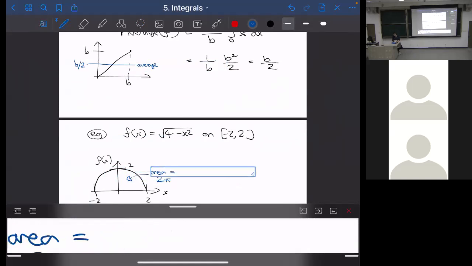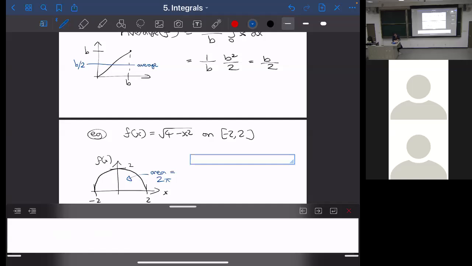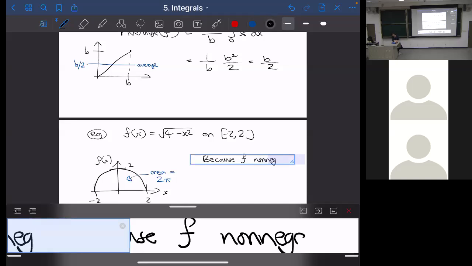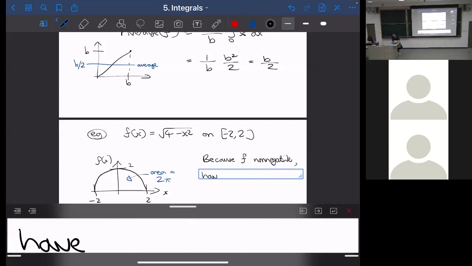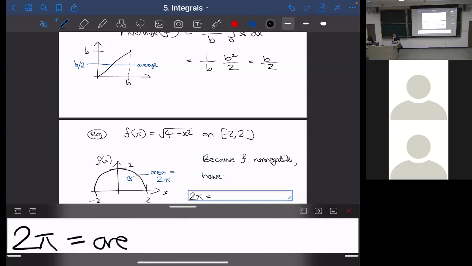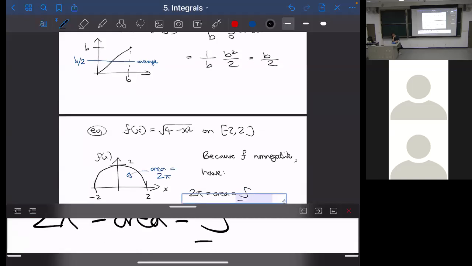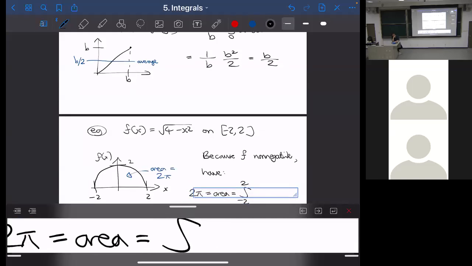So the area is 2 pi, and so because f is non-negative, we have 2 pi equals area equals the integral from -2 to 2.